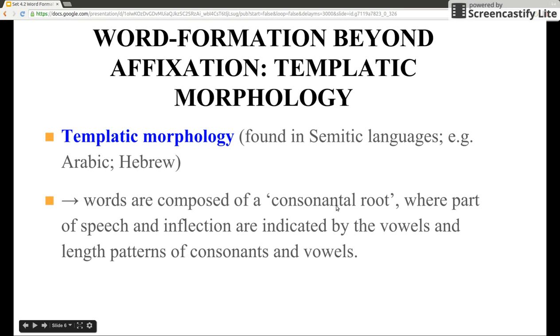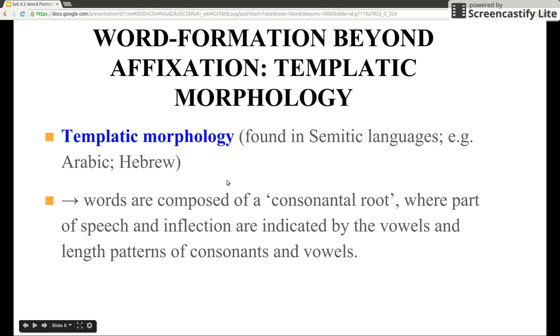And another one, this is called templatic morphology. This is a very interesting morphological construction. This morphology, templatic morphology, is found in Semitic languages, for example, Arabic and Hebrew.